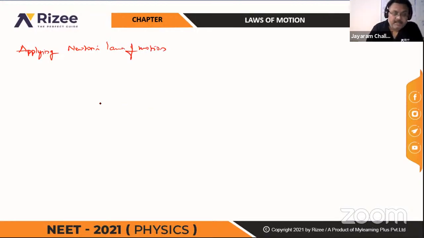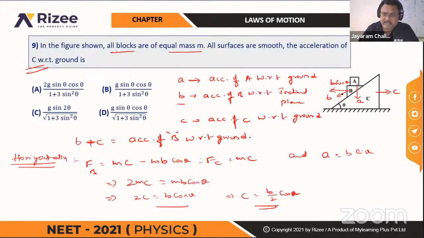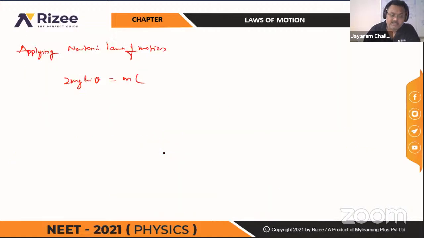So what will happen here? 2mg sine theta is equal to m into the acceleration. Why 2mg sine theta? Because the total force acting here is this mass plus this mass. So 2mg sine theta should be equal to the opposing forces, which are m times (B minus C cos theta), plus m A sine theta.